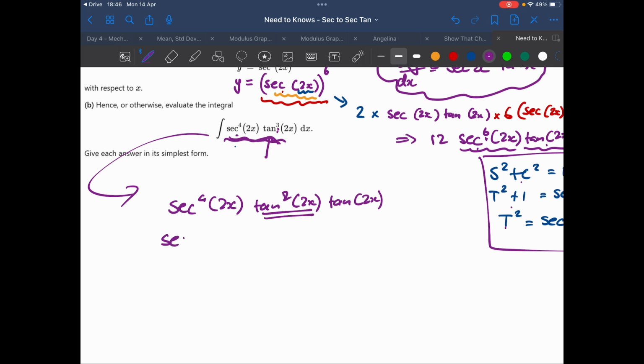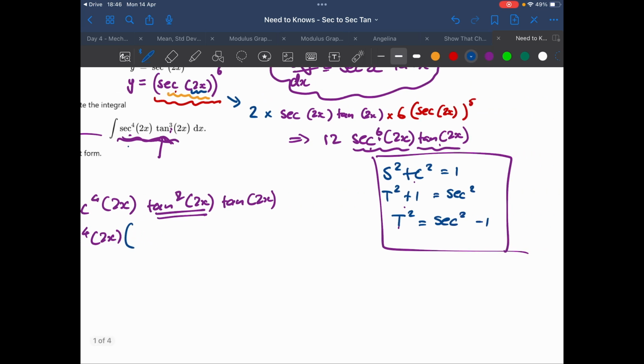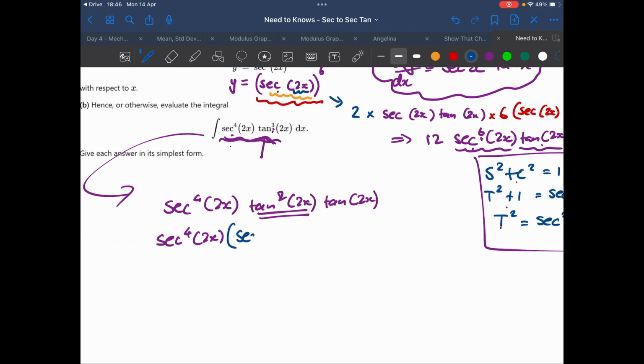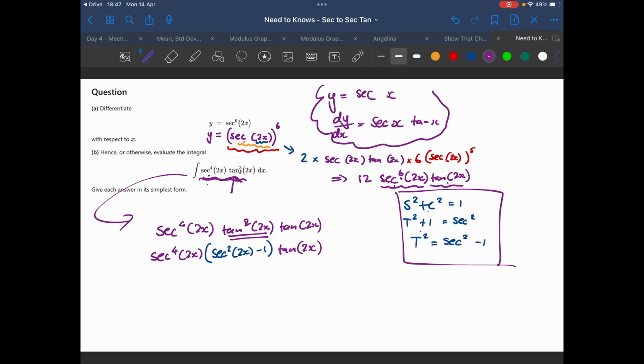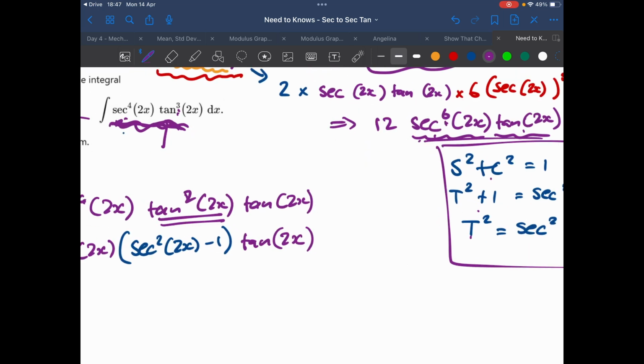So sec to the power 4 2x, and then this is the substitution. I'm going to say that this is the same as sec squared 2x minus 1, and then tan 2x. I've done that because it makes it look a lot more similar to what I had in part A. That was my motivation.